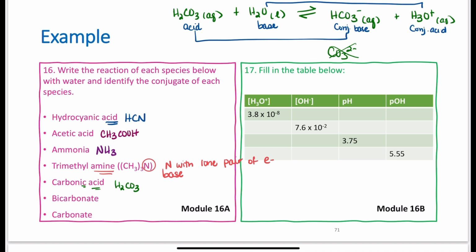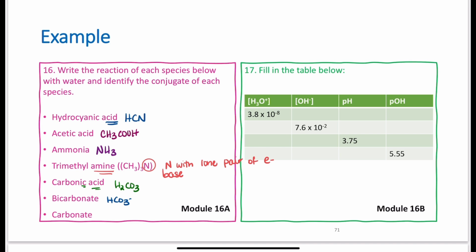If I had bicarbonate, that is HCO3-. Bicarbonate can do both. Bicarbonate is like water where it's amphiprotic. It can be either an acid or base, so let's treat it as both.